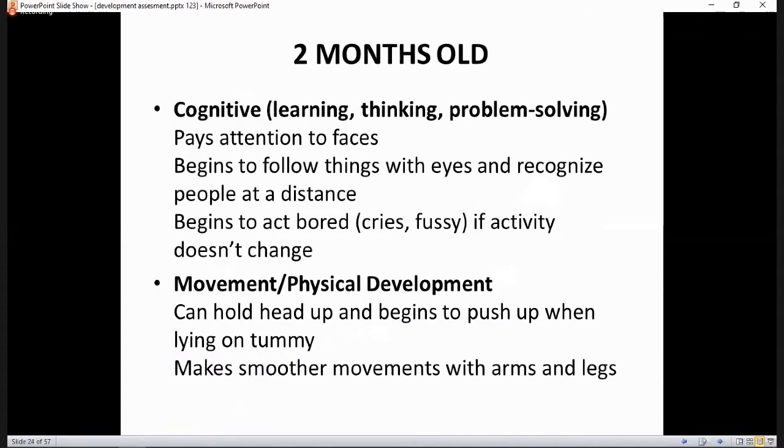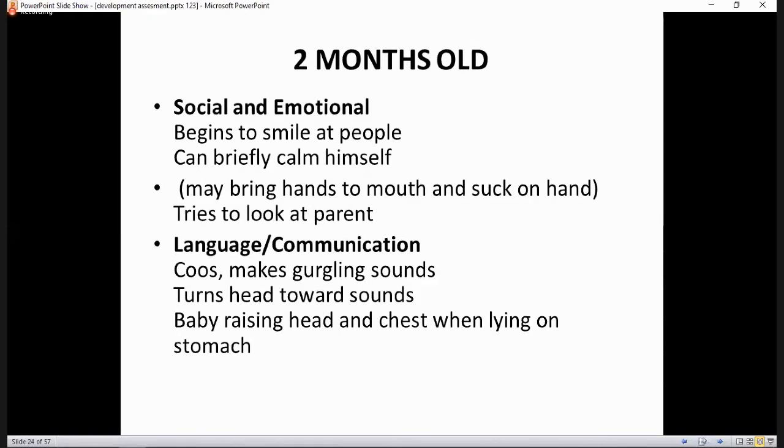So now we come to the different parameters for different ages. So first we will be looking for the 2 months old child. Okay. The 2 months old child, what will be the social and emotional?